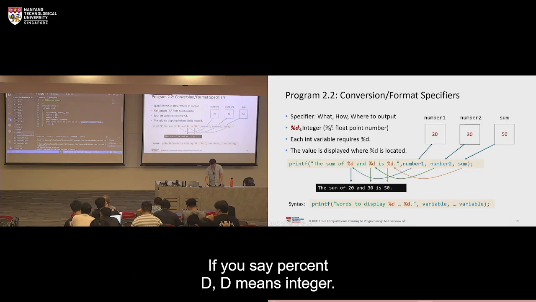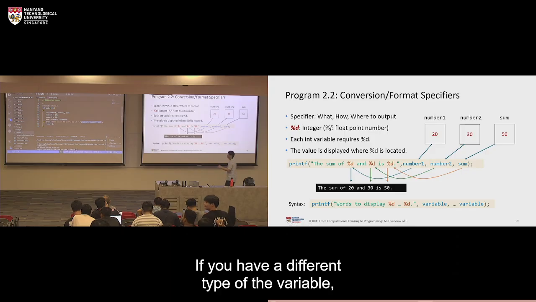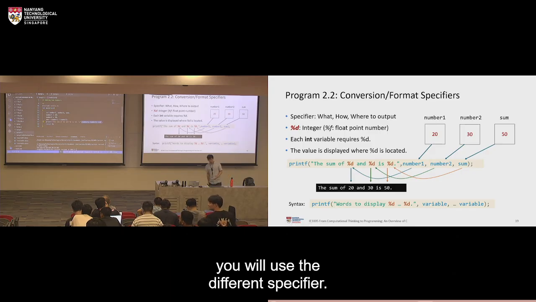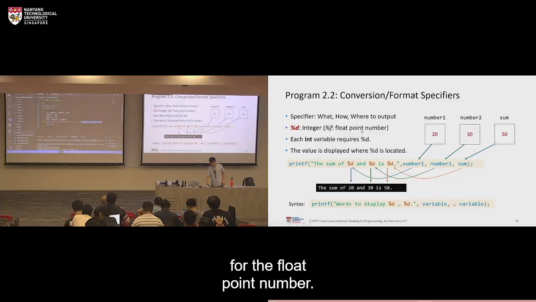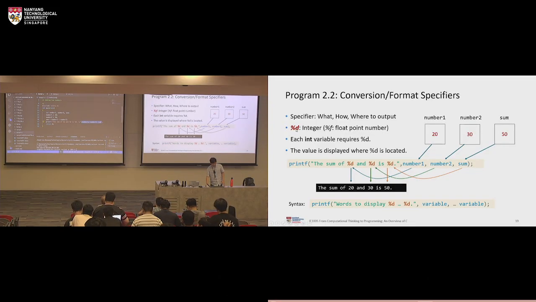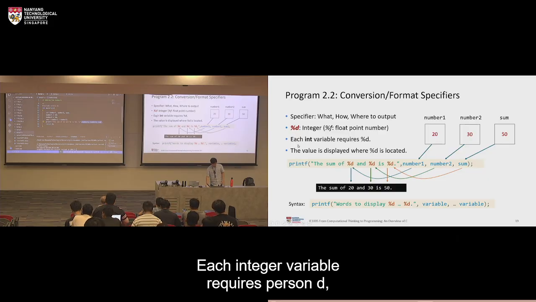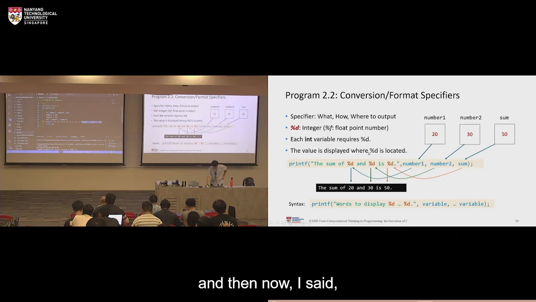If you say %d, d means integer. If you have a different type of variable, you will use a different specifier. For example, %f for the floating point number. So each integer variable requires %d.